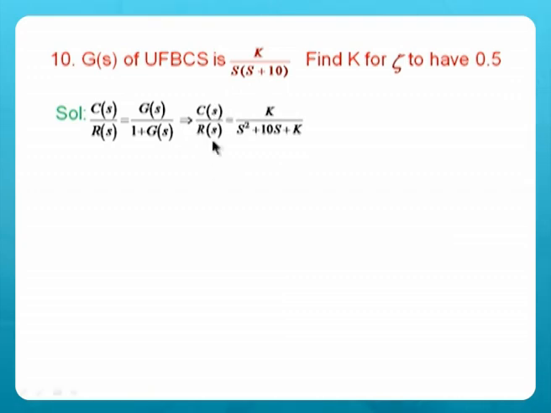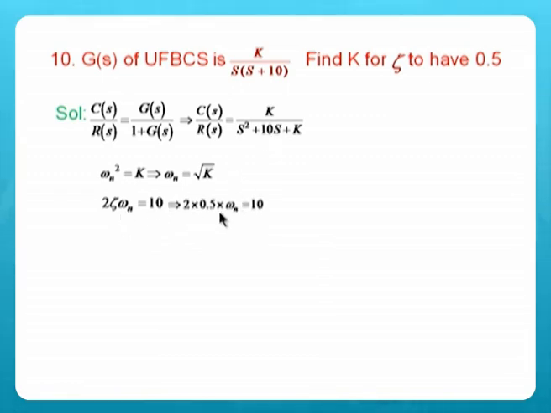So you can use this formula to calculate the closed loop transfer function. Using this formula, you get k by s square plus 10s plus k. When you compare with the standard second order system, you get omega n equal to root k, and 2 zeta omega n is given by 10.